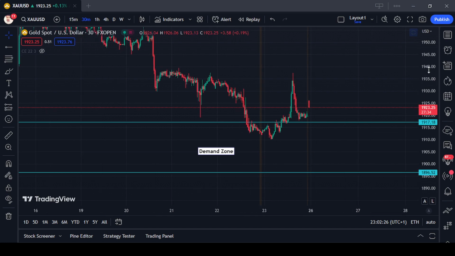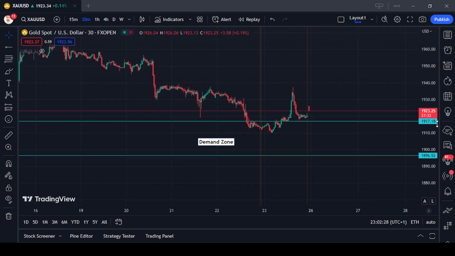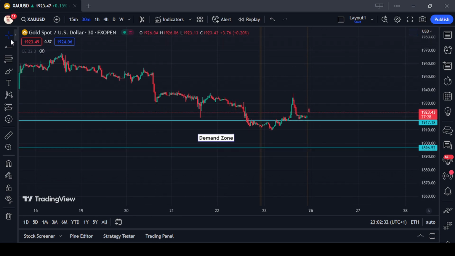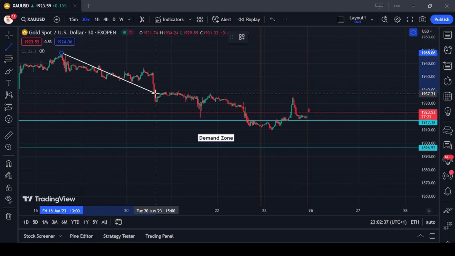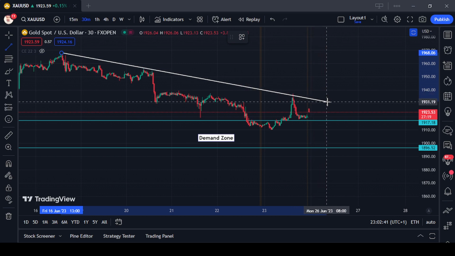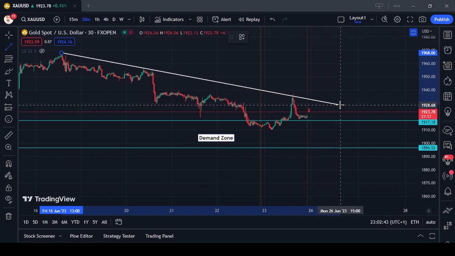Also, if I make another trend line, we can see what the possible position could be.